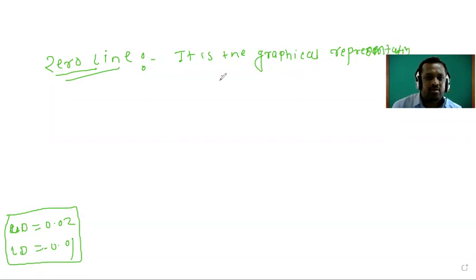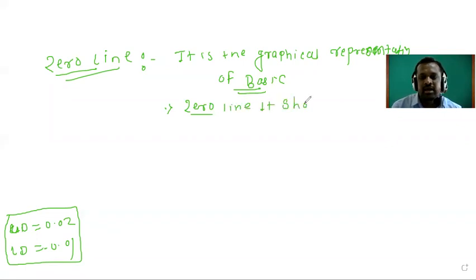Your zero line will show the exact basic size.